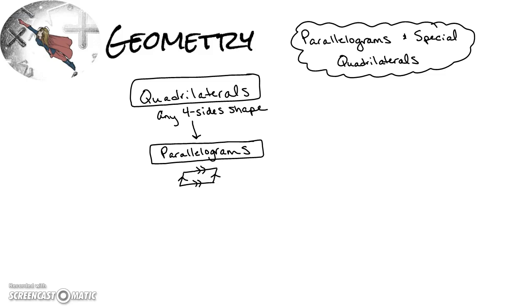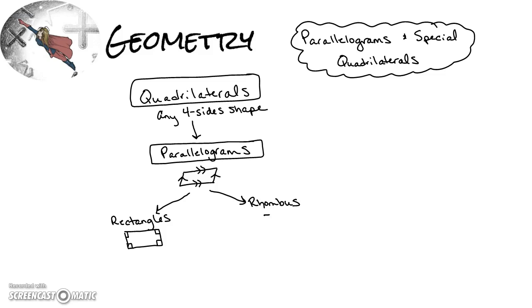Now under parallelograms, we kind of branch off here into rectangles on one side and rhombuses on the other. So a rectangle is a type of parallelogram that has four right angles. But its sides, all four sides, don't have to be congruent. That's where a square comes in.